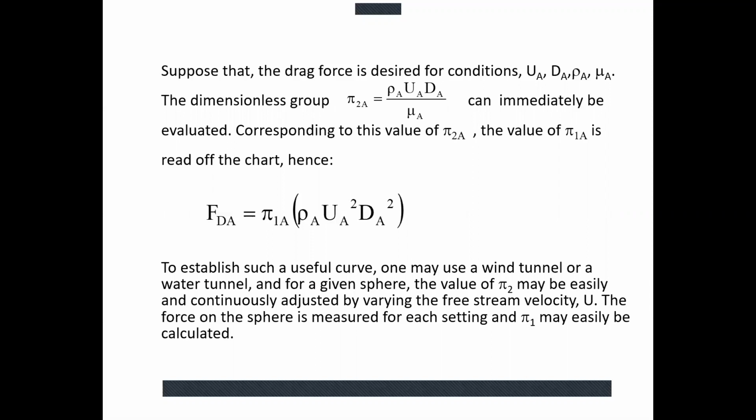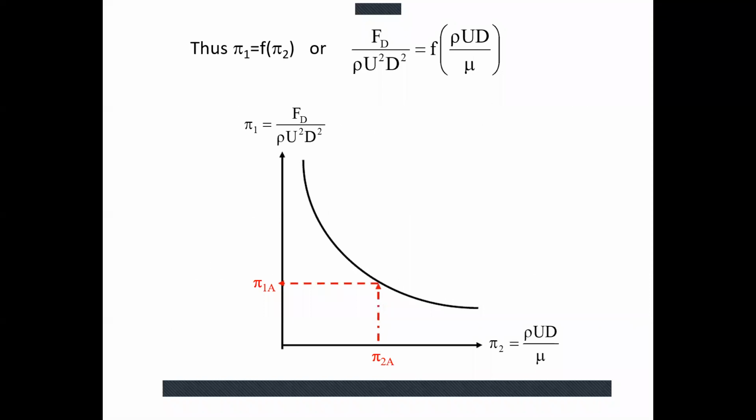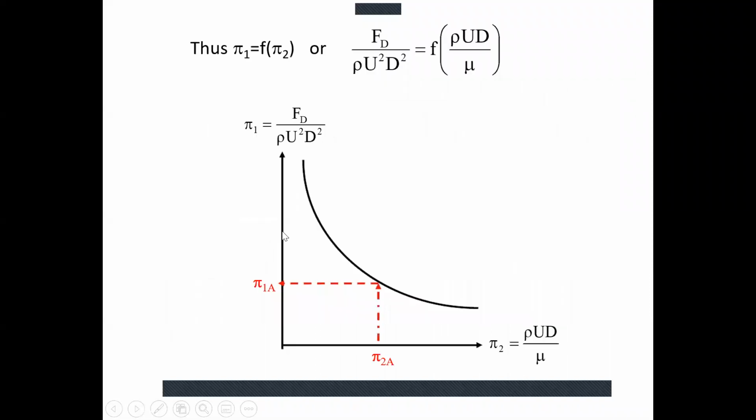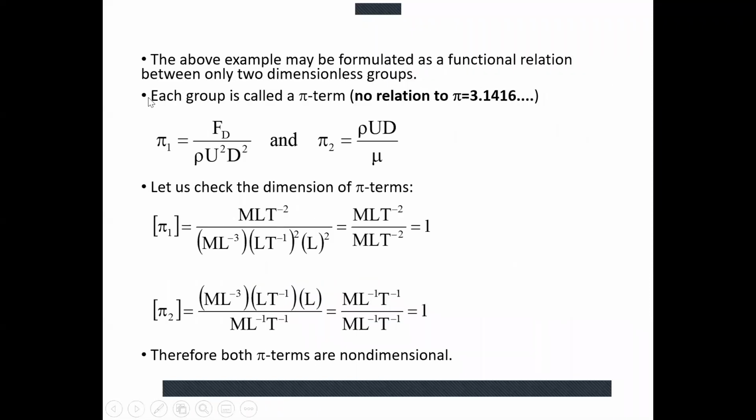Hence, note that F_dA over rho_A u_A squared d_A squared was given as pi 1, so pi 1 is to be obtained from the graph, and this pi 1 should be multiplied with those variables in order to obtain F.